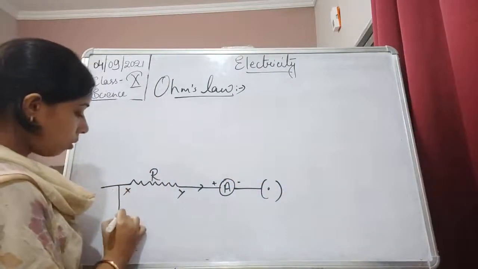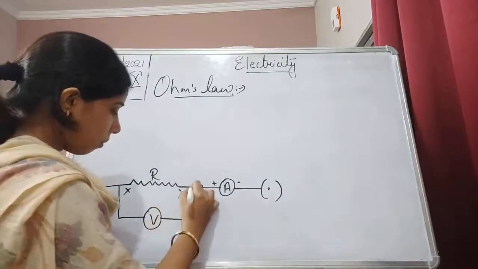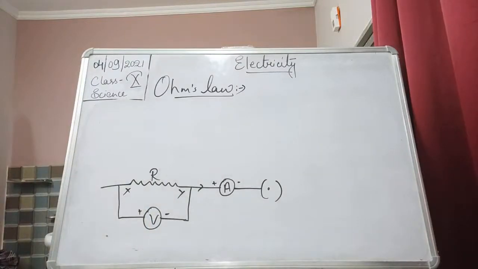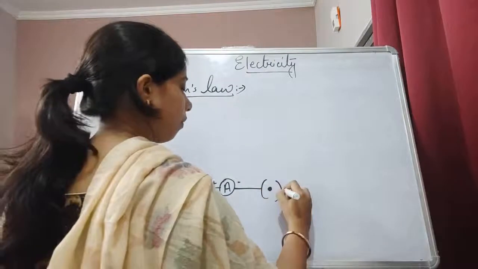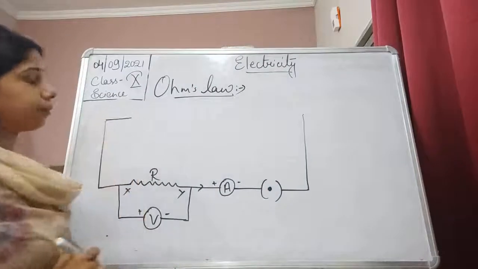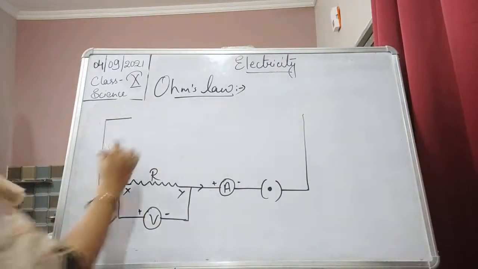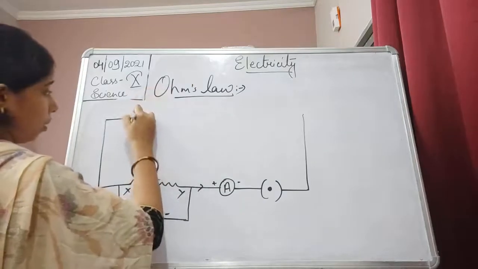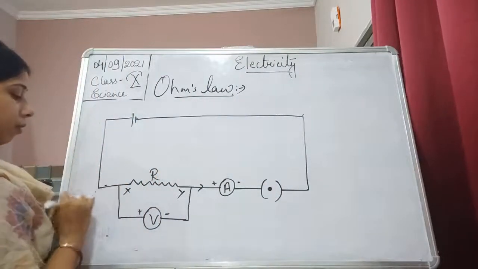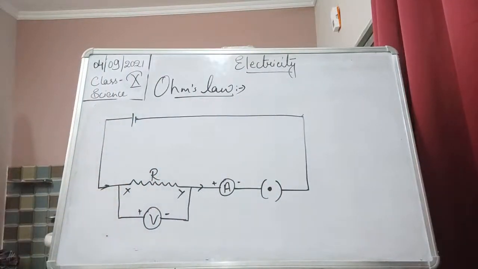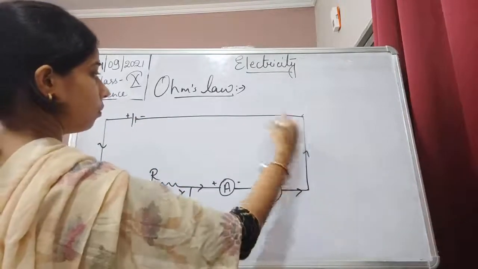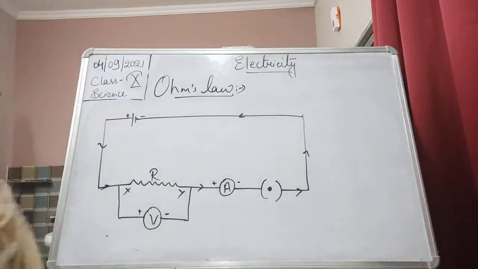Through this, we will also connect a voltmeter, positive and negative charge, and a key is there. Then we will connect a cell through it. Suppose we have connected one cell.